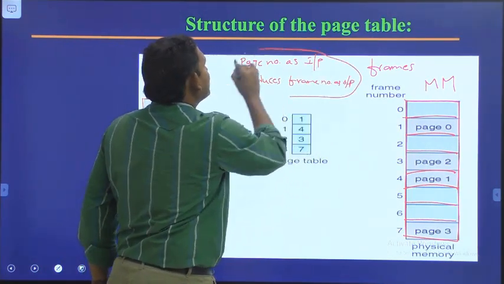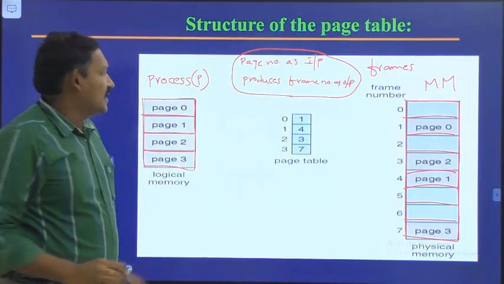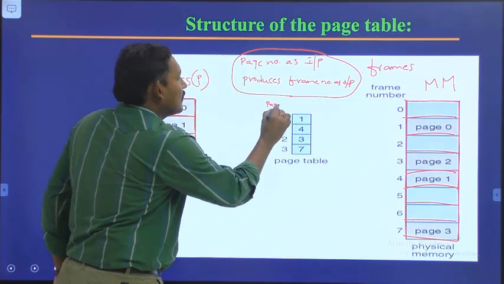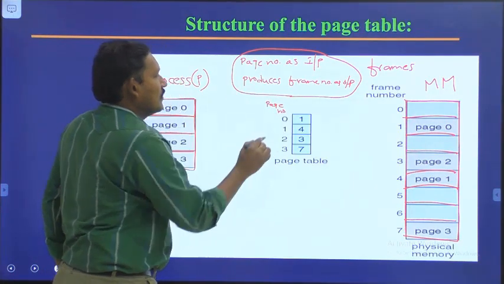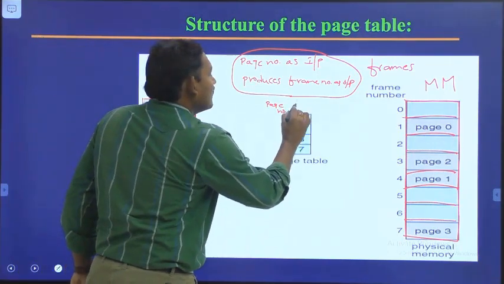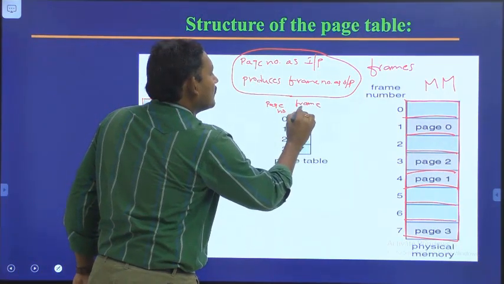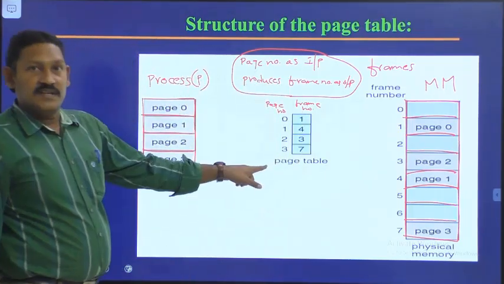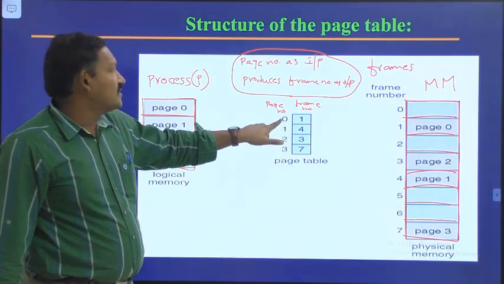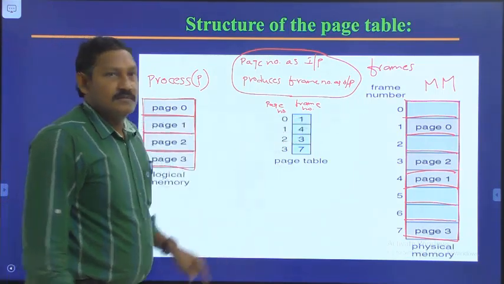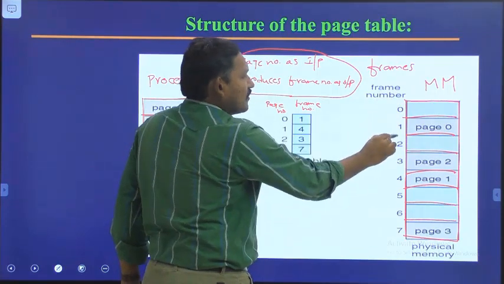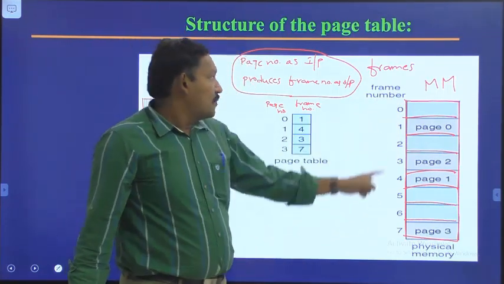This is what happens in the page table. See, this is page number, 0, 1, 2, 3. These are page numbers, and this is frame number. These are frame numbers, 0, 1, 2, 3, 4, 5, 6, 7. These are page numbers.